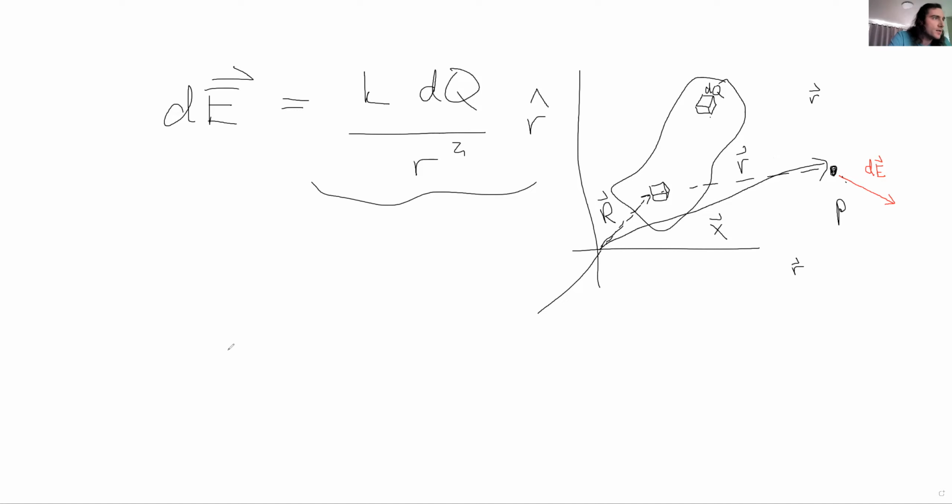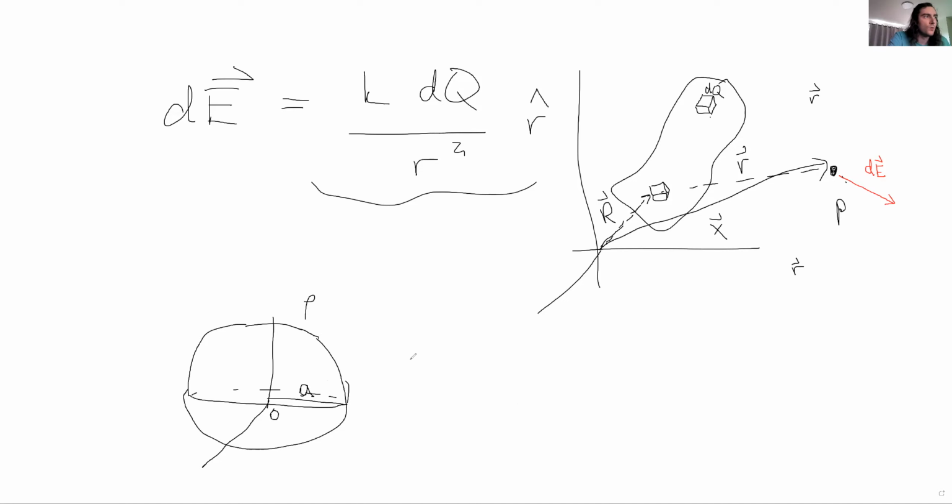What we do now is we take a look at certain examples. For example, we have a sphere, and we center the sphere at the origin, like so. The sphere has a radius, let's say a. We look at the density of this sphere, rho.